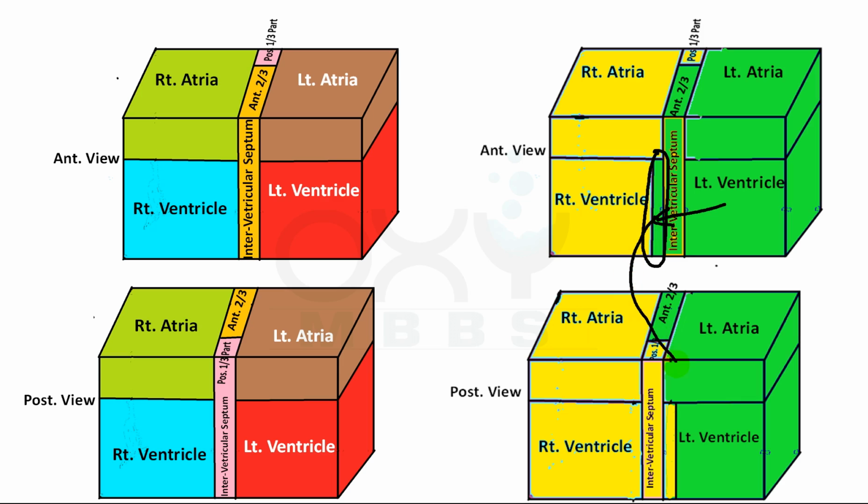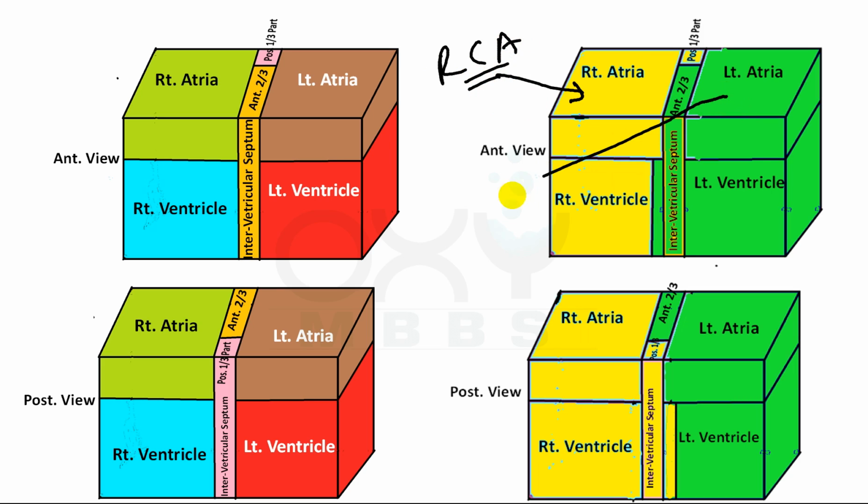Similarly, on the posterior side, the part of the left ventricle associated with the posterior interventricular groove or septum is supplied by the right coronary artery. This yellow colored part shows the parts supplied by the right coronary artery, and this green part shows the parts supplied by the left coronary artery.